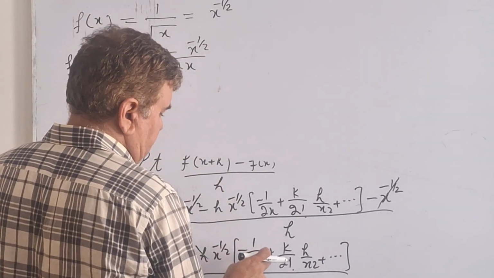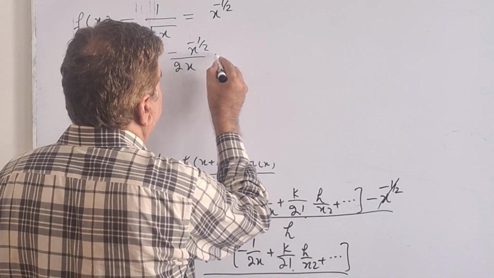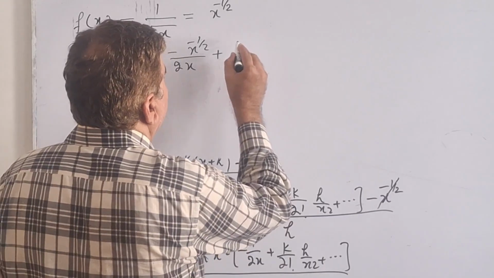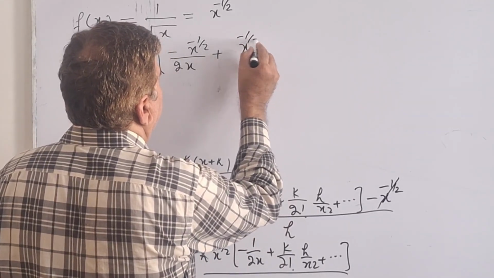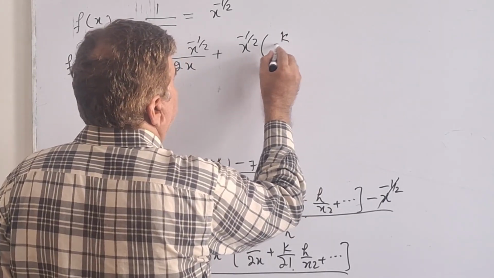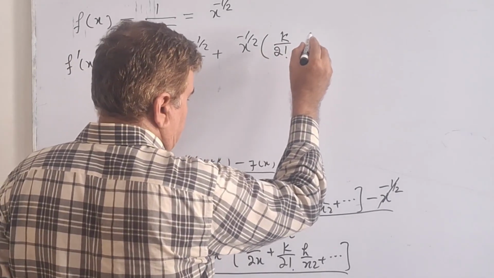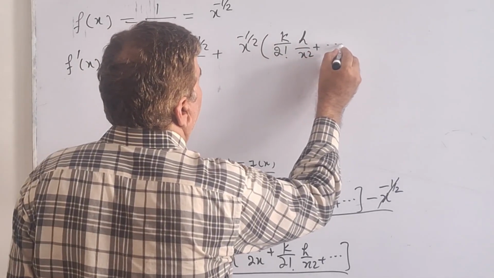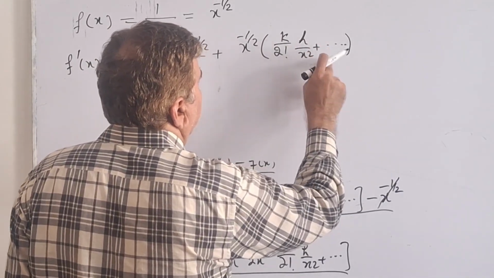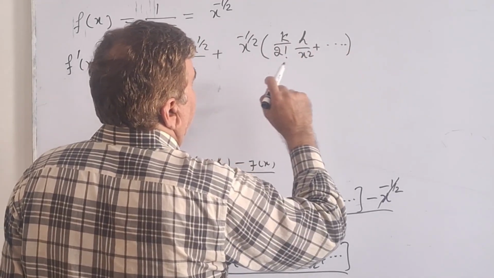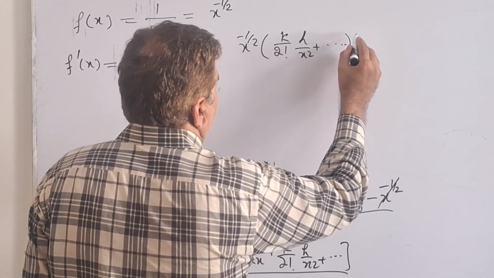And then from this point onward, I can write plus, this applies to the whole. This multiplied with these terms will become x to the power minus half into k divided by 2 factorial h divided by x squared, and so on. Remember, every term inside this bracket carries h.